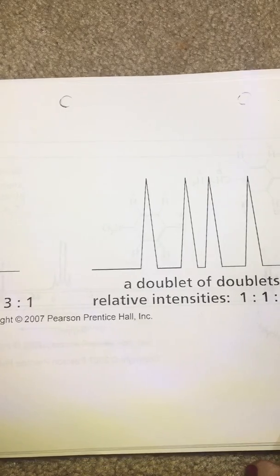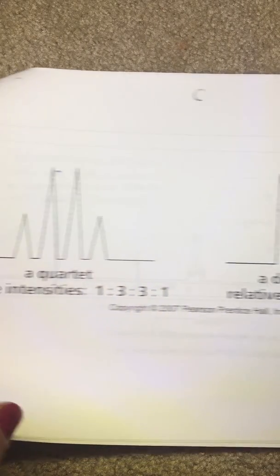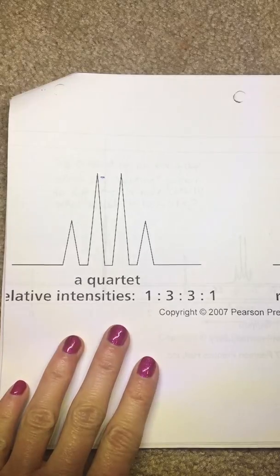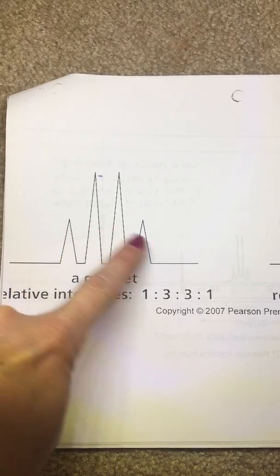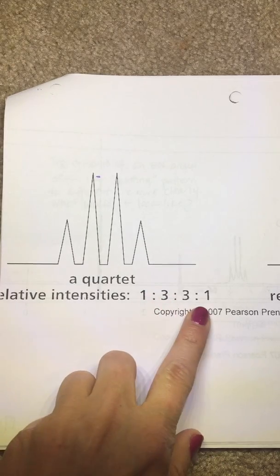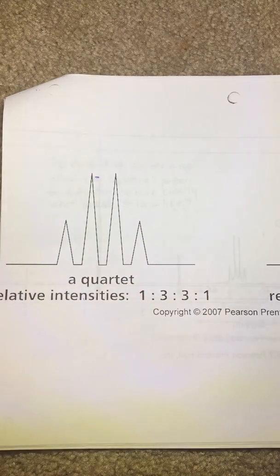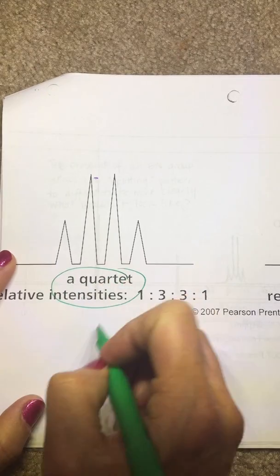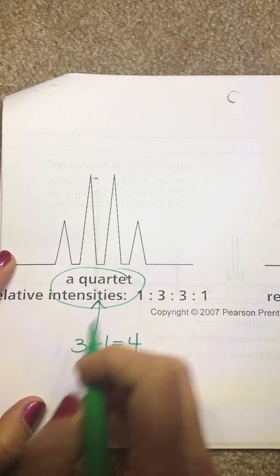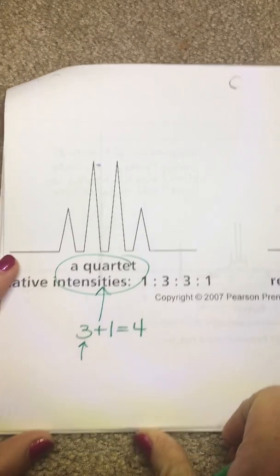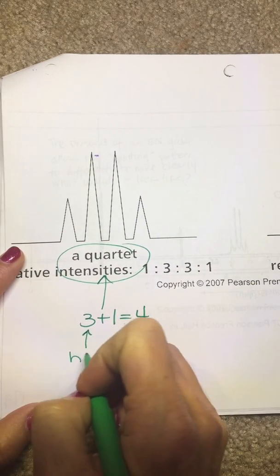Something I do want to point out in this video would be the difference between a quartet, which is 1, 2, 3, 4 peaks, but different ratios. This is our standard quartet. A quartet, that n+1 rule, means you have 3 equivalent neighbors.